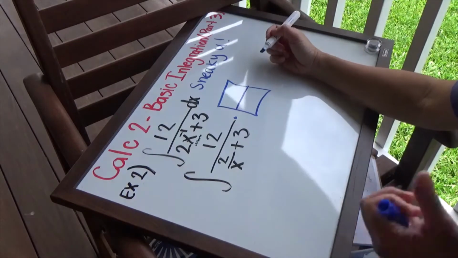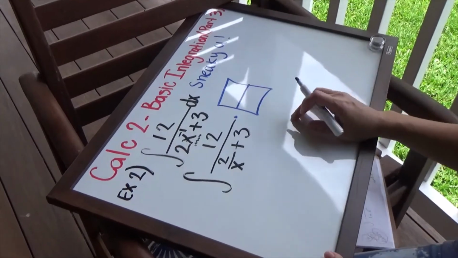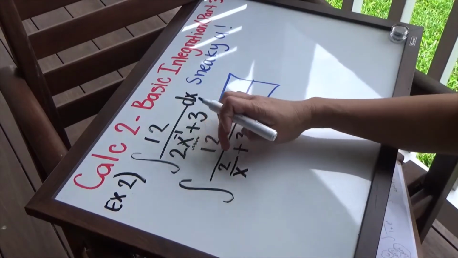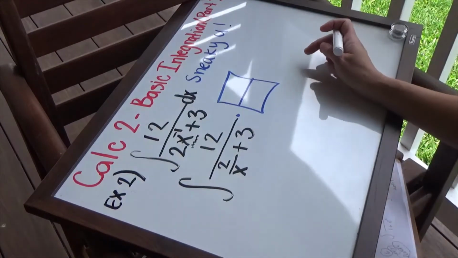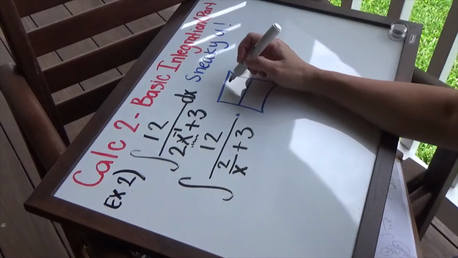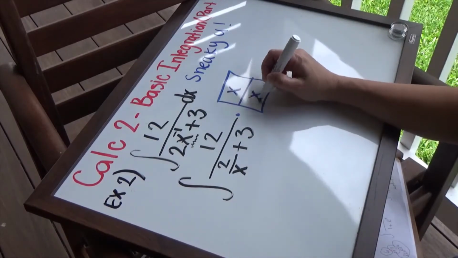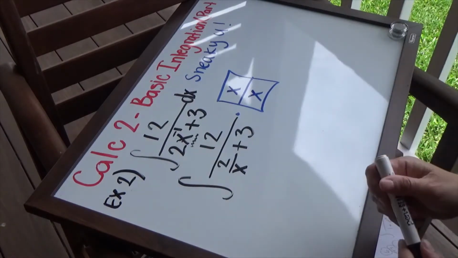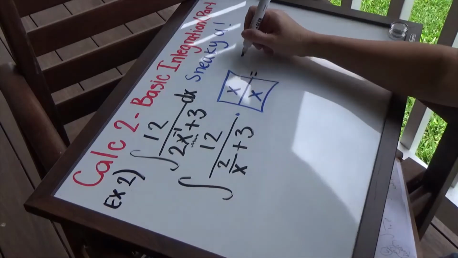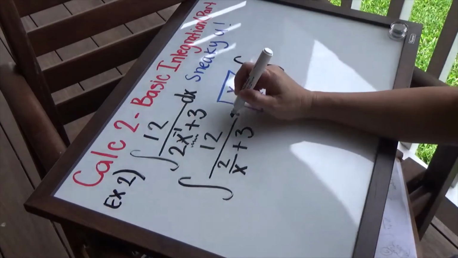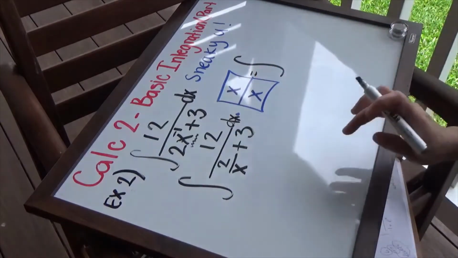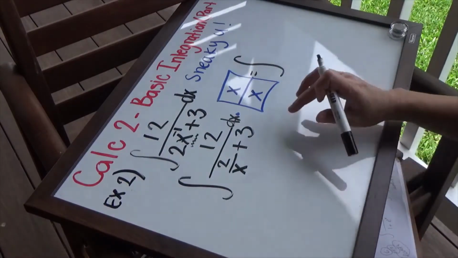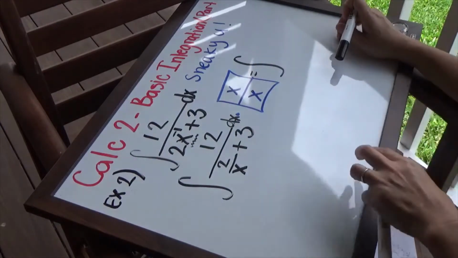In this case, my 1 is going to be the least common denominator of all of these individual terms, and the only denominator I see there is x, so that would be x divided by x. That's my 1. So when I do that, this becomes the integral of, and I forgot to write the x right there because you gotta tell people what your variable is when you are taking the integral.